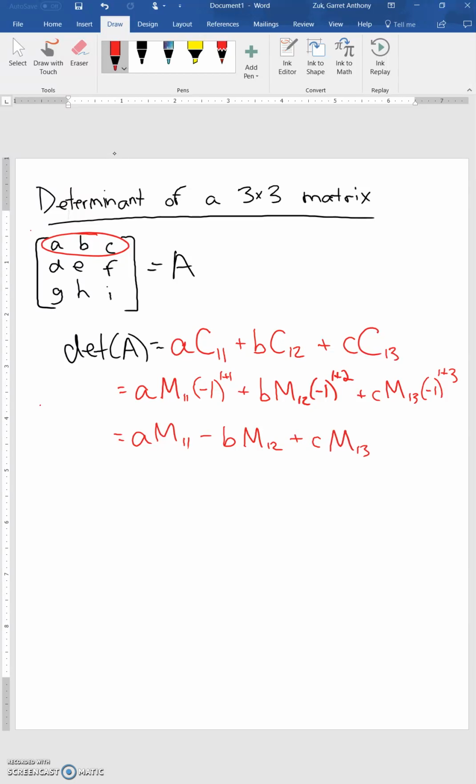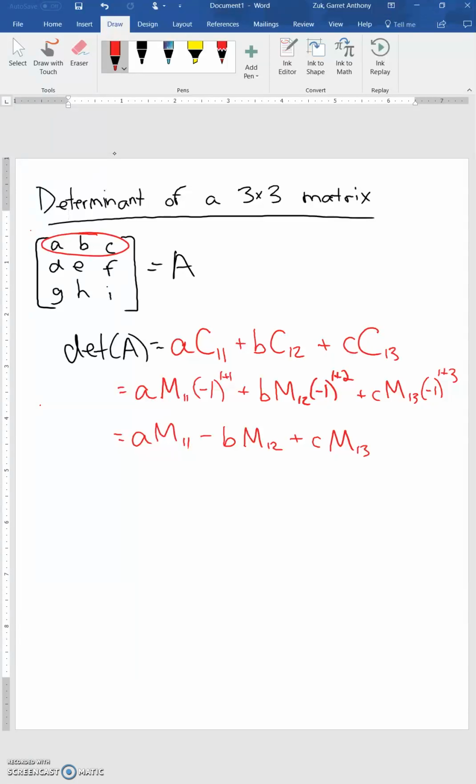Now, this should look really familiar from when we did the cross product in chapter 11. This is actually that same exact process we did. In chapter 11, instead of A, B, C, we had those standard unit vectors I, J, K in that top row, and then we put vectors in rows 2 and 3. But we did the exact same process.